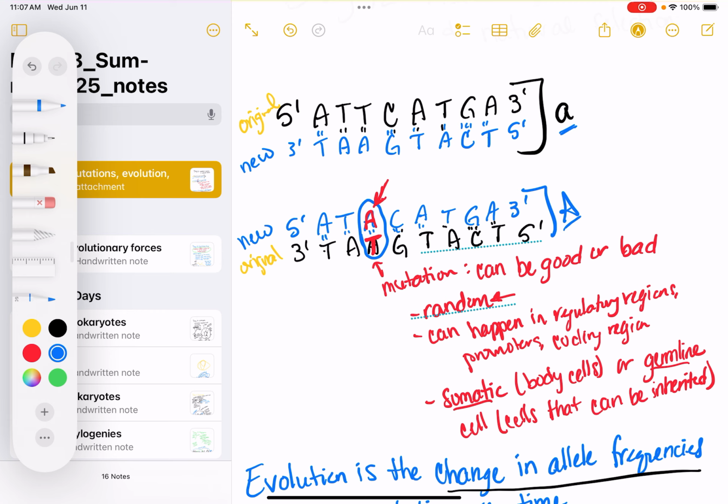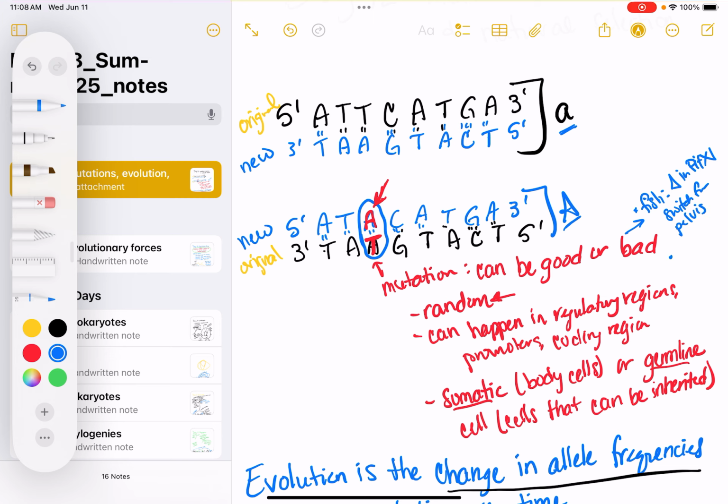So remember that mutations can be good or bad. So think back to the stickleback fish, right? The fish having a mutation in the PIDX1 switch for the pelvis could be good or bad depending on the environment.